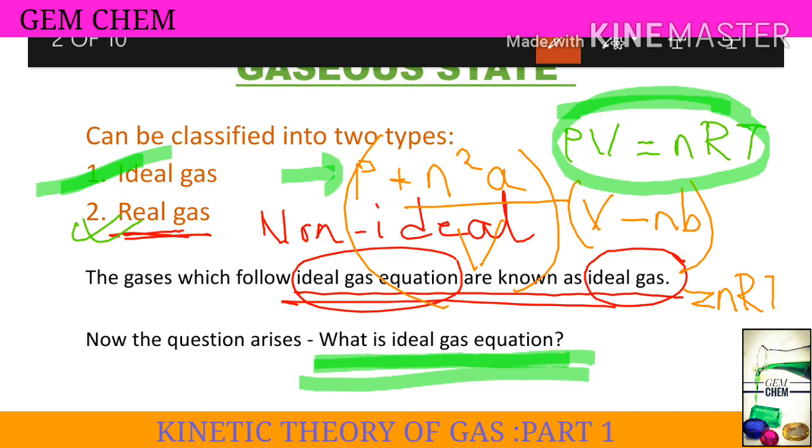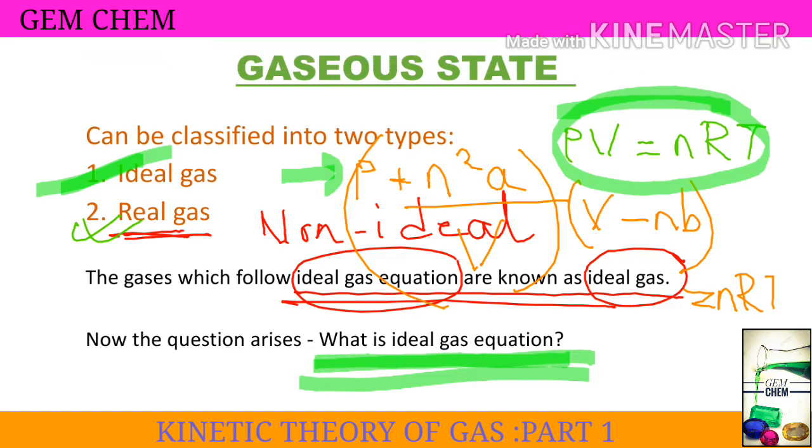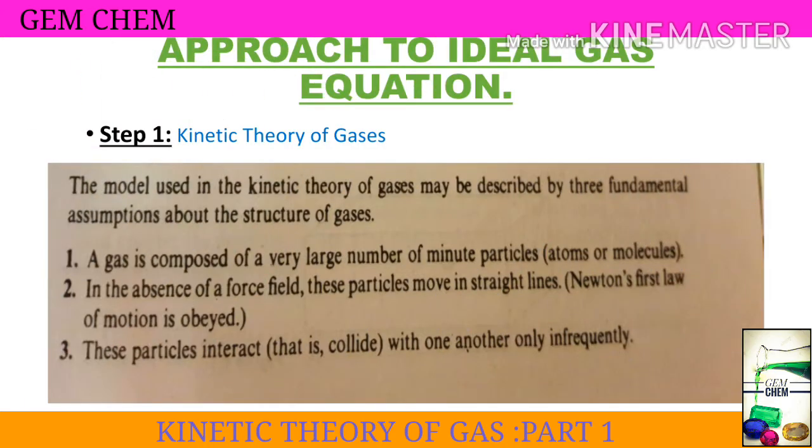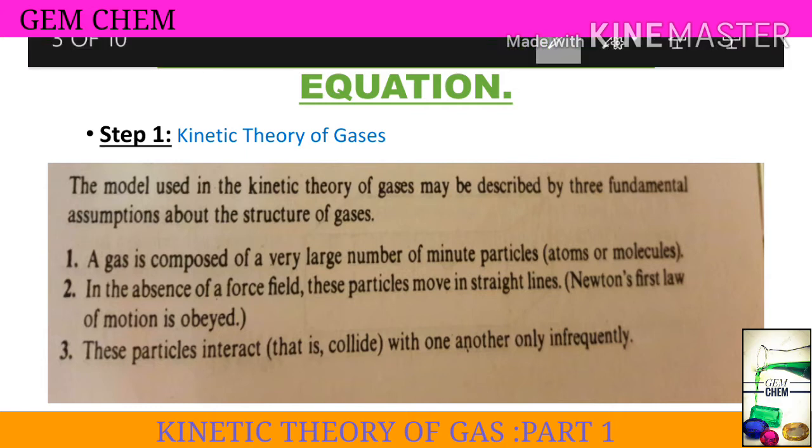Now we need to approach towards the ideal gas equation. For this we have to progress systematically to gain the knowledge. So step 1, we need to gain the knowledge of kinetic theory of gases. This is a theory with a few basic assumptions, which are as follows.